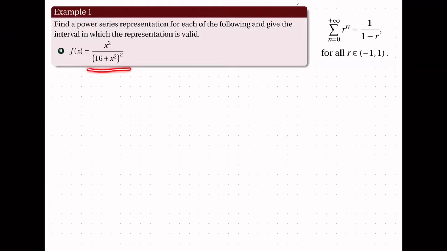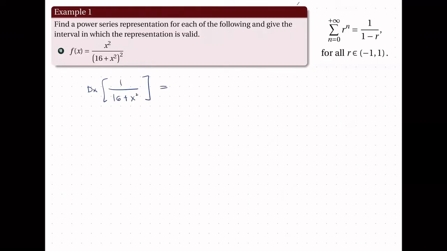kung i-examine natin yung function natin, mukha siyang related sa derivative ni 1 over 16 plus x squared. Tama? So we can check what is the derivative of 1 over 16 plus x squared.